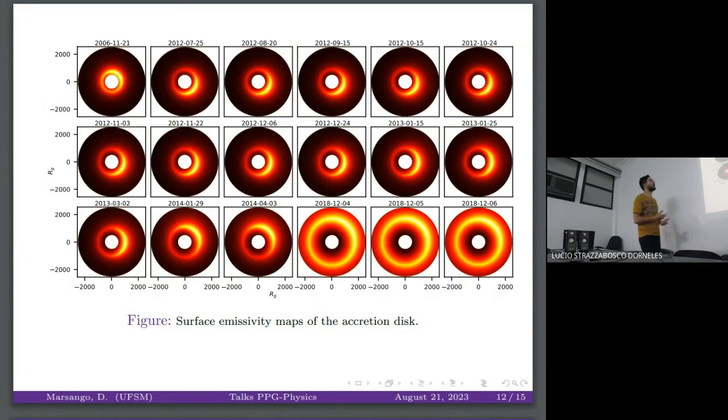This map helps understand the changes in the disk. It is possible to identify the rotation of the spot or spiral arm over time, and the change in the region of maximum emissivity.